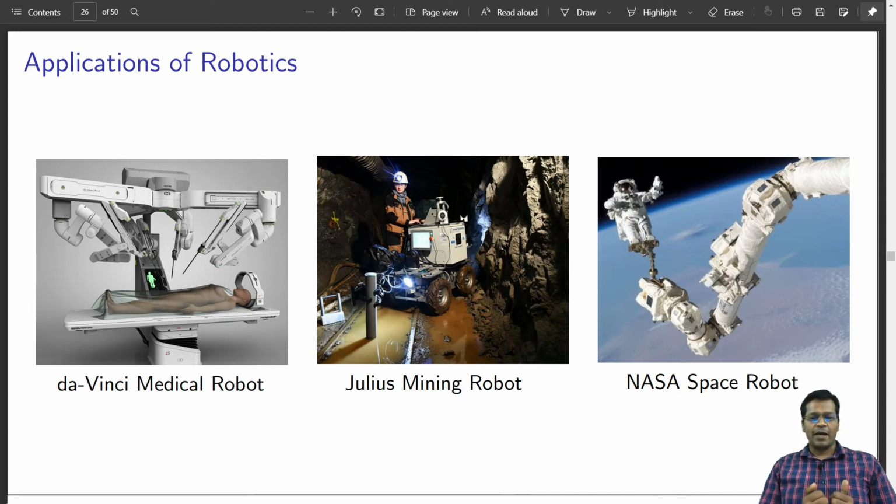You see there is a mining robot, Julius, over here. There are many other mining robots in place. What they do is pick up samples and do some sort of digging around mining, not necessarily a hardcore mining operation maybe. NASA uses a space robot, you see. It's a long boom robot which NASA is using.